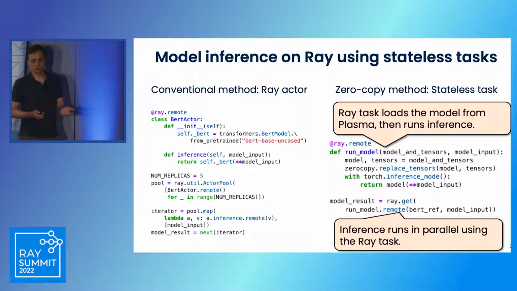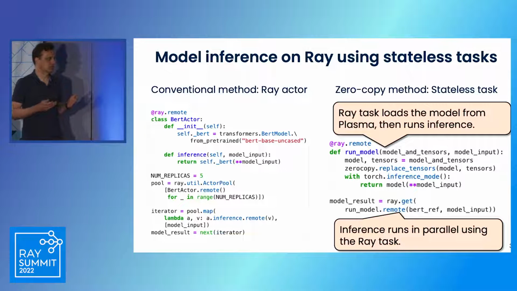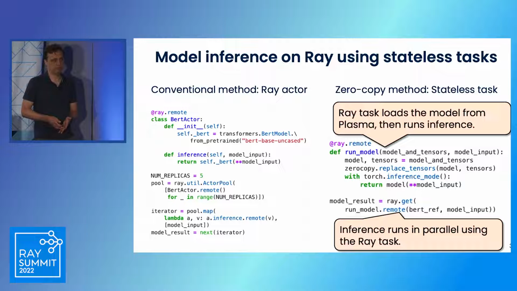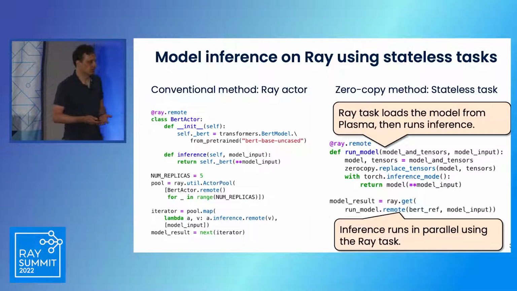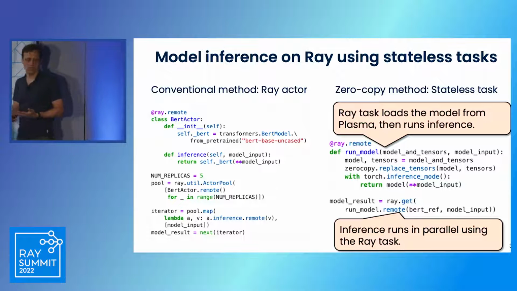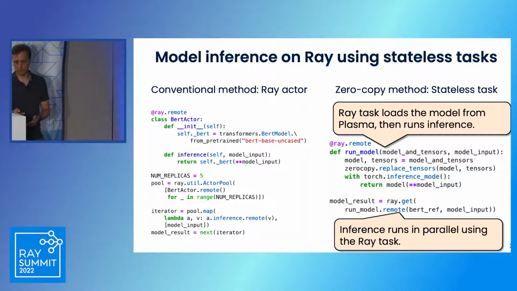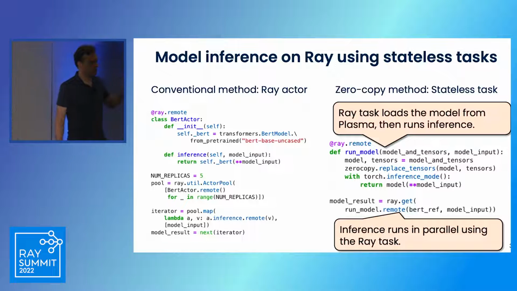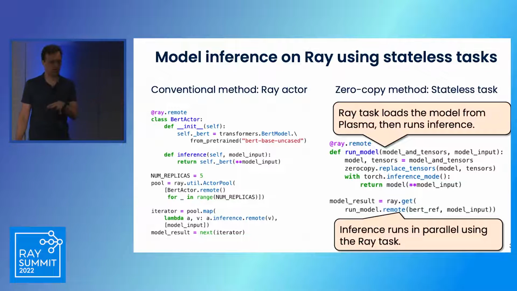And then you call ray.remote on that task, and Ray's scheduler takes care of figuring out how many copies of this function to run in parallel. And every one of these functions is only dealing with ephemeral state. So it's much simpler. You don't have to manage the size of your actor pool. And you'll notice, by the way, that even though we're using BERT base, there's nothing in the body of that function specific to BERT base.